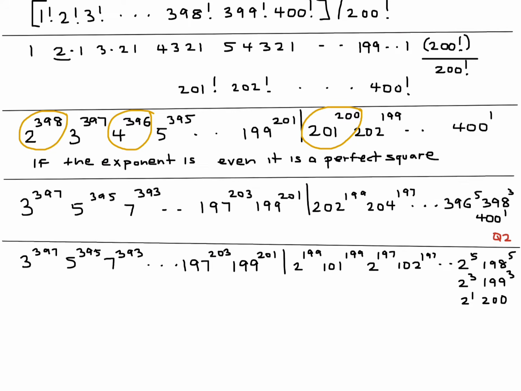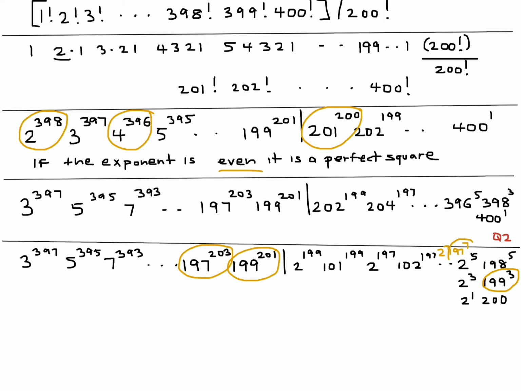So for example, this 199 right here combines with that 199 because that 3 and that 201 becomes 204, hence making the exponent even. This 197 would combine with a 197 in here. There will be a 197 in here. It'll be 2 to the power of 7, 197 to the power of 7.